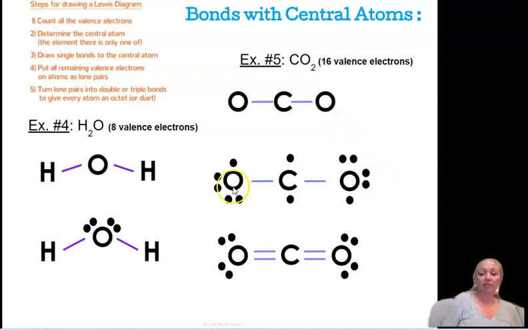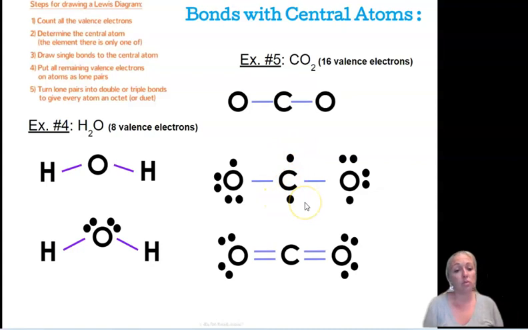I'm going to give 5 to each oxygen and the remaining 2 to my carbon, which means that my oxygens each have 2, 4, 5, 6, 7. They need 1 more. Carbon has 2, 4, 5, 6. It needs 2 more. So again, we're going to share 1 here, share 1 here. We give a double bond, 2, 4, 6, 8 for carbon, 2, 4, 6, 8 for this oxygen, 2, 4, 6, 8 for that oxygen.